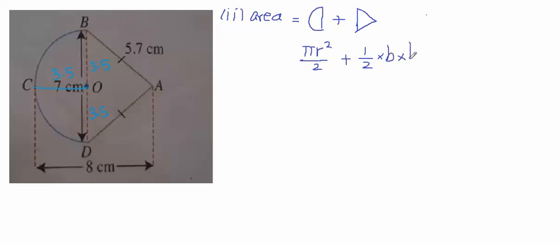Now we'll see what the base and height of the triangle are. We can mark BD as the base. If BD is the base, then this will be the height of this triangle. This height we can easily find because the total length is given as 8 and this is 3.5. So the remaining green part will be 8 minus 3.5, which is 4.5.